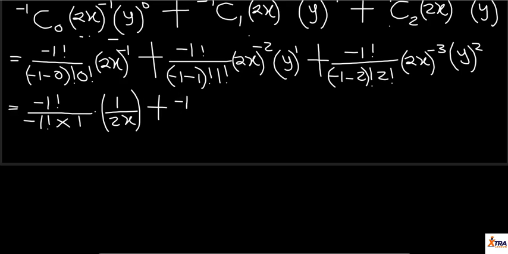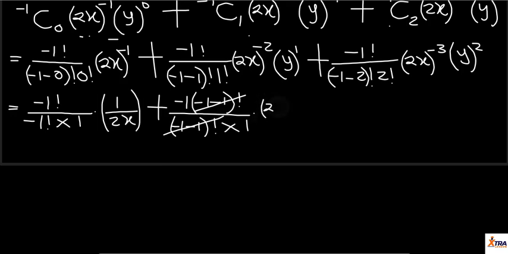We can see minus 1 times minus 1 minus 1 factorial. We stop here so as to cancel with the 1 under. We know 1 factorial is 1. This one cancels this, and I'll be left with 2x raised to the power minus 2 times y, plus the same thing I'll do here.